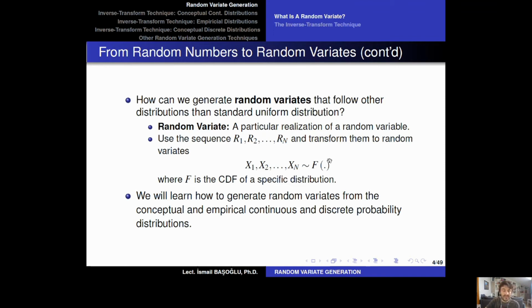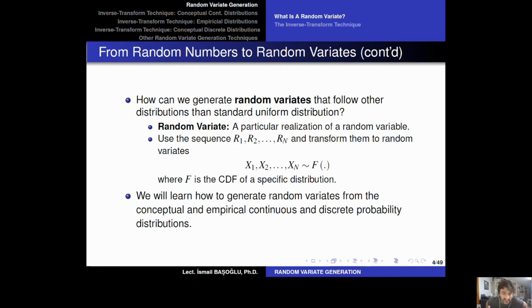So basically, as a raw material, we will have the random numbers generated by a random number generation algorithm, and we will also have a cumulative distribution function to indicate a specific distribution. With these random number sequences and this cumulative distribution function, we are going to generate random variates following that distribution.